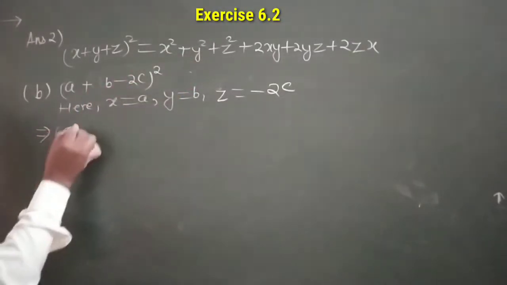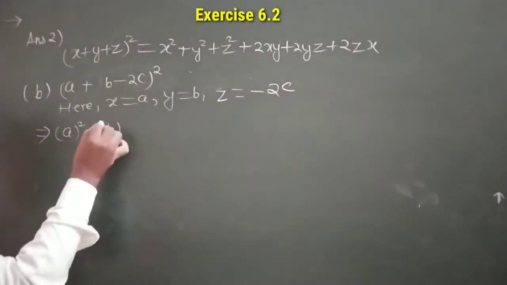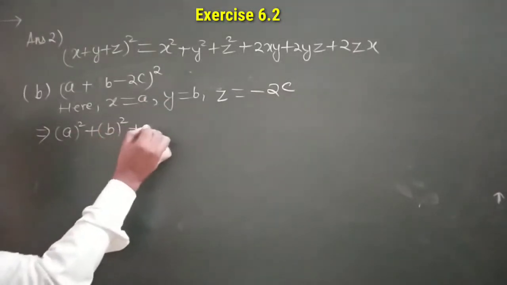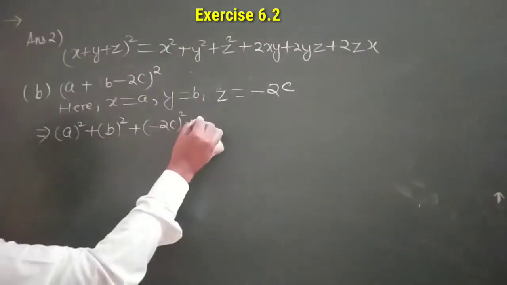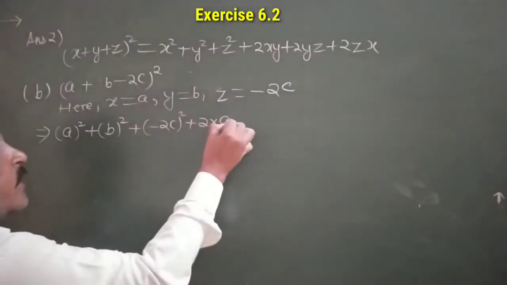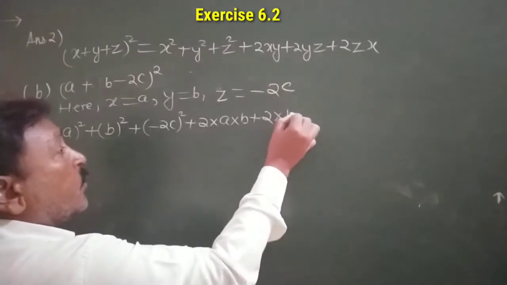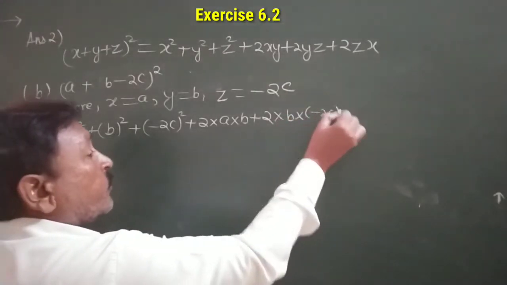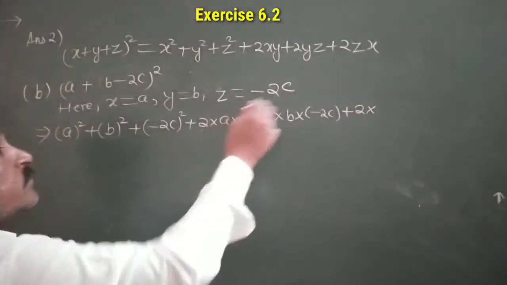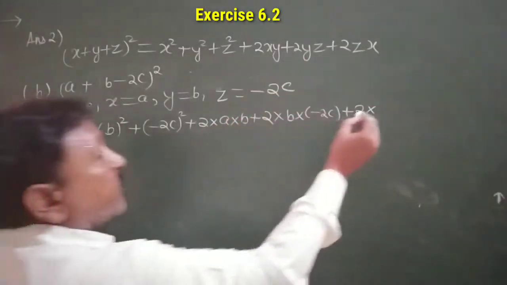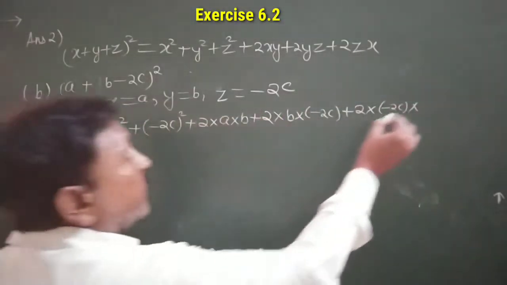X square means A square, y square means B square, then z square means (minus 2c) whole square, plus 2x into y, 2a into b, plus 2y into z, 2b into minus 2c, plus 2z into x, means minus 2c into x, value is a.